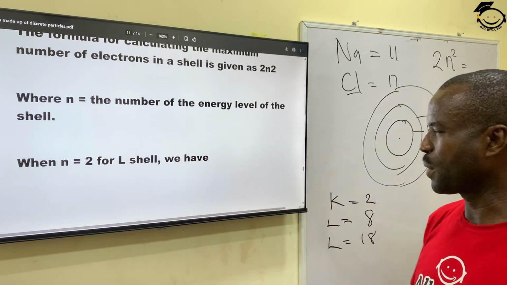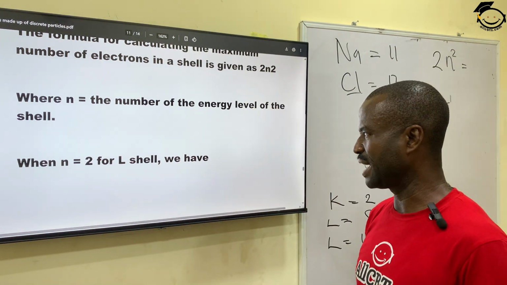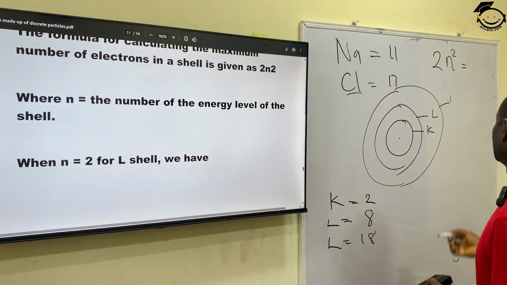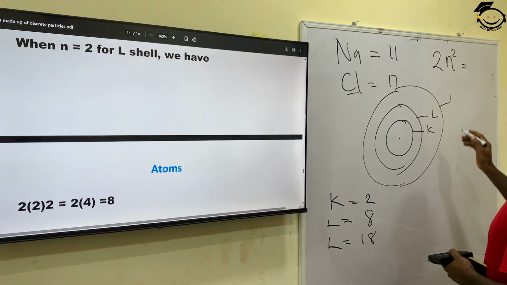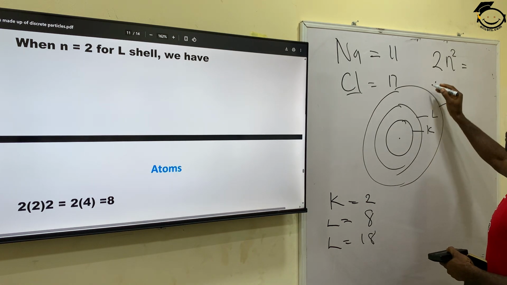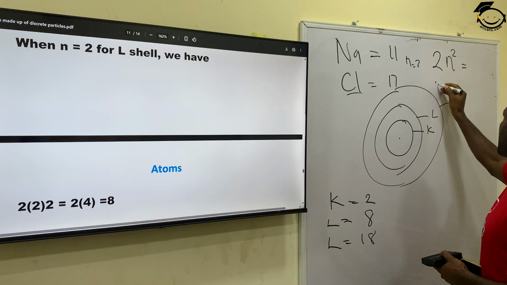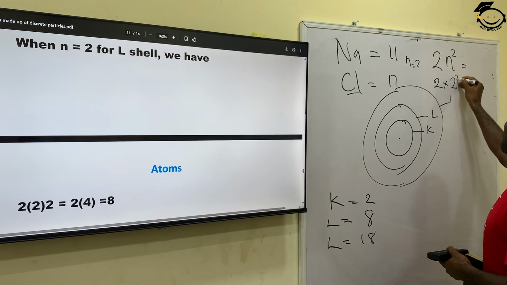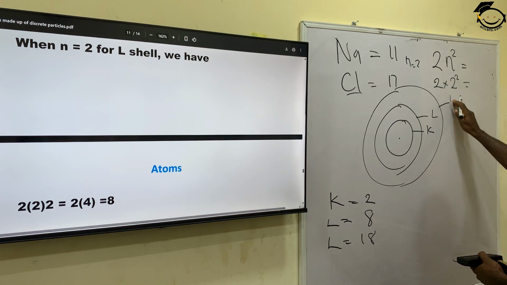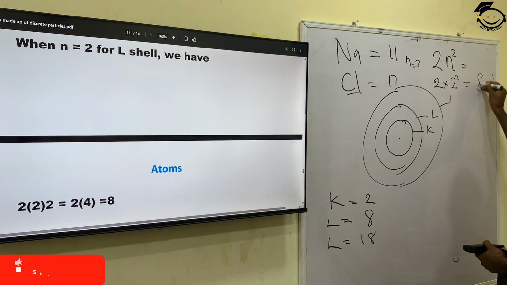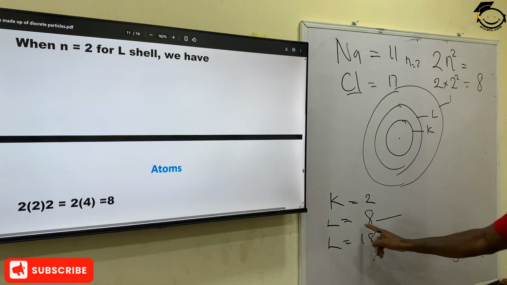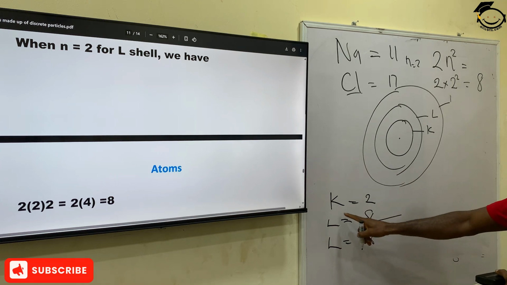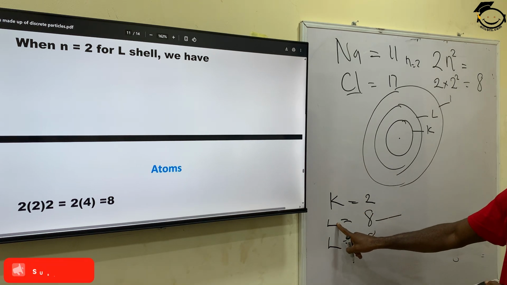When n equals 2, for the L shell, we have 2 times 2 power 2. 2 power 2 gives us 4, and 4 times 2 gives us 8. So the maximum number for the L shell is 8, because we are looking at the second shell.